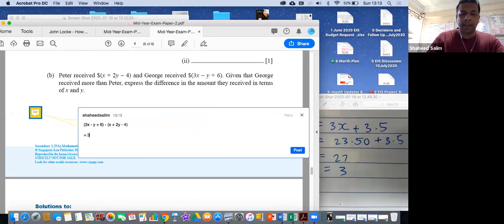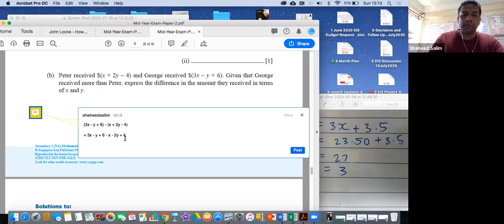So the first one is 3x minus y plus 6. Then minus times plus down here gives you minus x. Minus times plus gives you minus 2y. Minus times minus gives you plus 4.